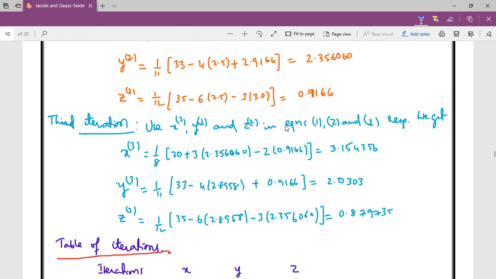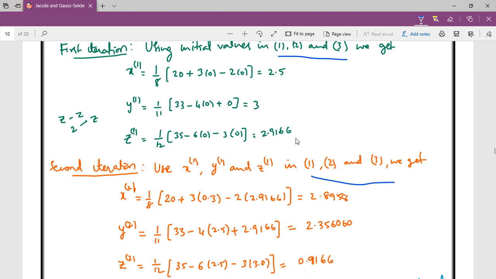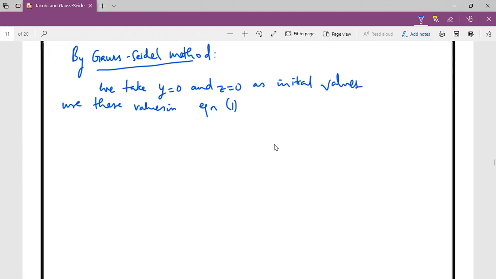Earlier we used equations 1, 2, 3 everywhere, but while using the Gauss-Seidel method, we use equation 1 first, because after using equation 1 we get x1, and then equation 2, because we use z0, not equation 3.